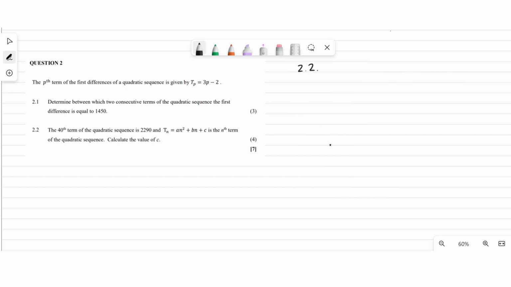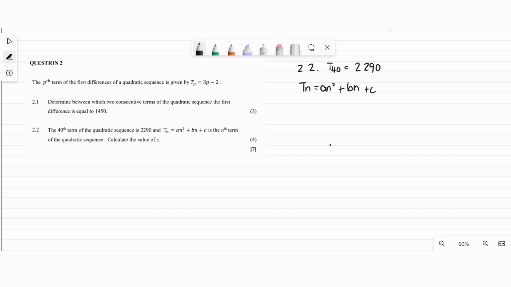So 2.2 says the fortieth term of the quadratic sequence is equals to 2290. So we know that T40 is equals to 2290, right? And they say Tn is equals to an squared plus bn plus c. You know this is the general term for a quadratic sequence, the n-th term of the quadratic sequence, right?